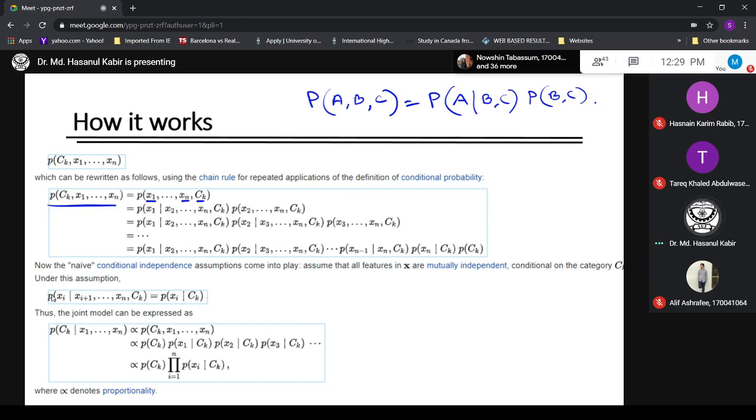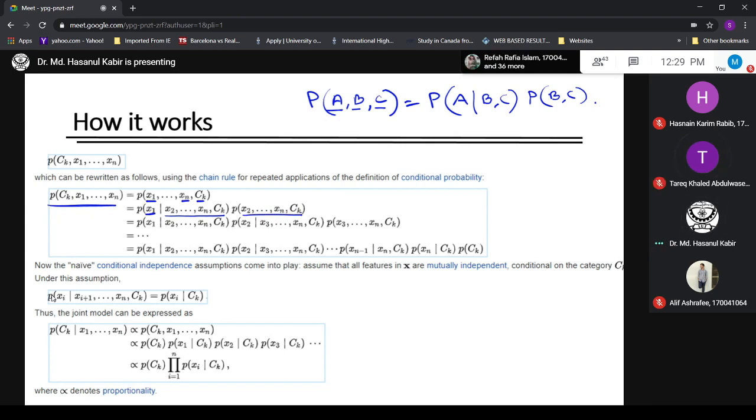So probability of x1 given, so you see, as if this is A. x1 is only A, and the other terms are B, C, D, and so on. So we write it given the other random variables, times the probability of the other random variables. Is this clear? Yes or no?